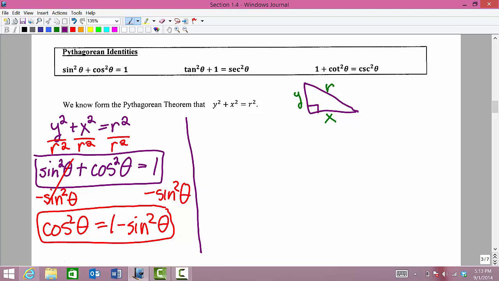What about tangent squared theta plus 1 is equal to secant squared theta? How do we get that Pythagorean identity? Well, let's take our Pythagorean theorem again, y squared plus x squared equals r squared. And this time, let's go through and divide everything through by x squared.